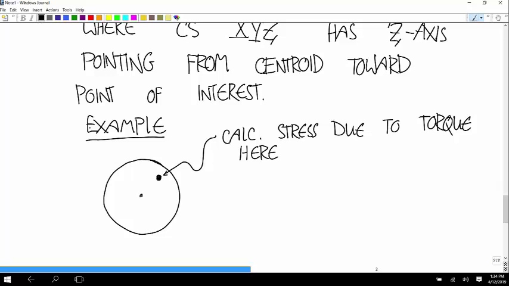Here's the centroid. So we're going to set up an initial coordinate system with the z-axis in that direction. The x-axis is still pointing out towards us. And the y-axis then has to be this direction.